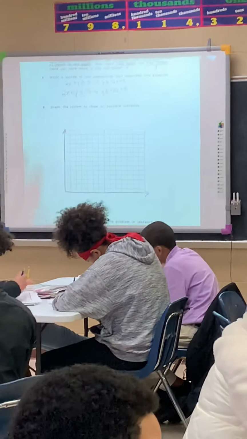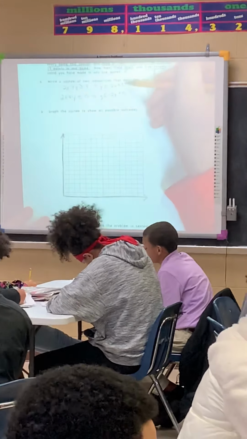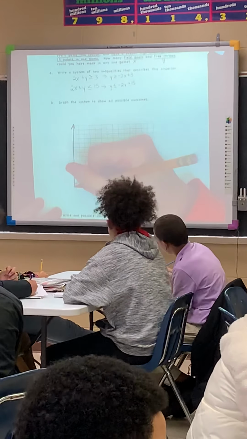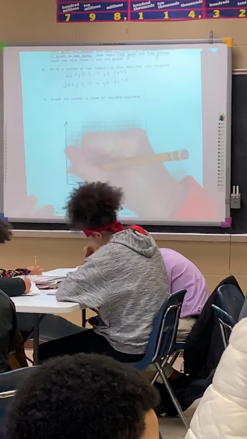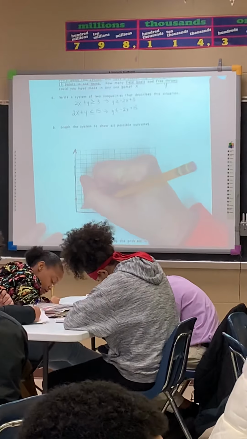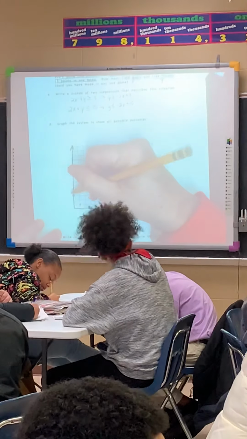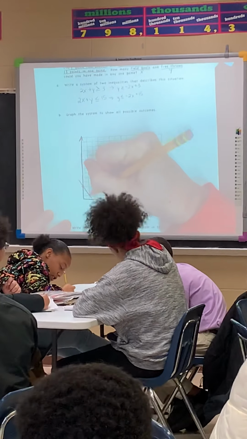Alright, so now, for the first one, I'm going to go to positive 3. 1, 2, 3, and I'm going to put a dot. I'm going down 3 and over 1. And that's a solid line.